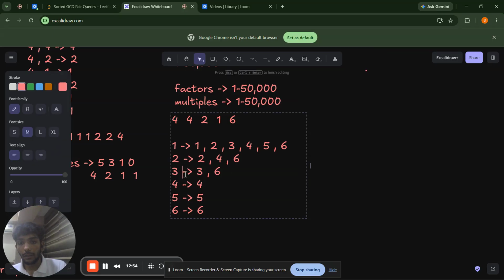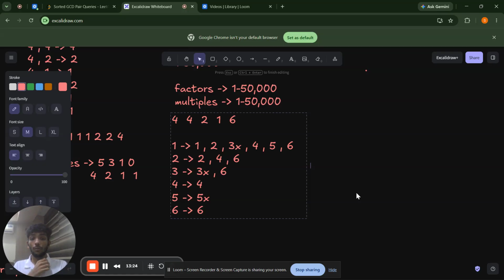This factor is helpful, but knowing that 3 is a multiple of someone is not helpful. Are you getting the point? This is a list of factors, the column is the factor list, and the rows are the multiple list. So here this 3 is unnecessary, here this 3 is unnecessary, here this 5 is unnecessary.